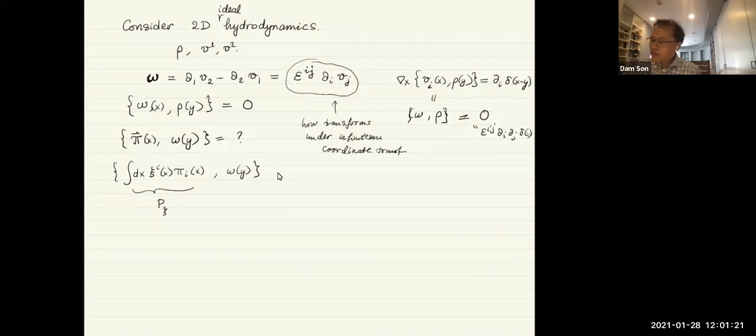There are various things from differential geometry that we also need to know.